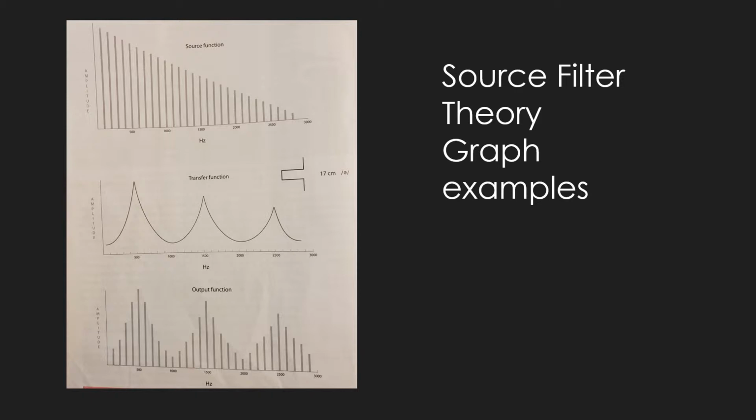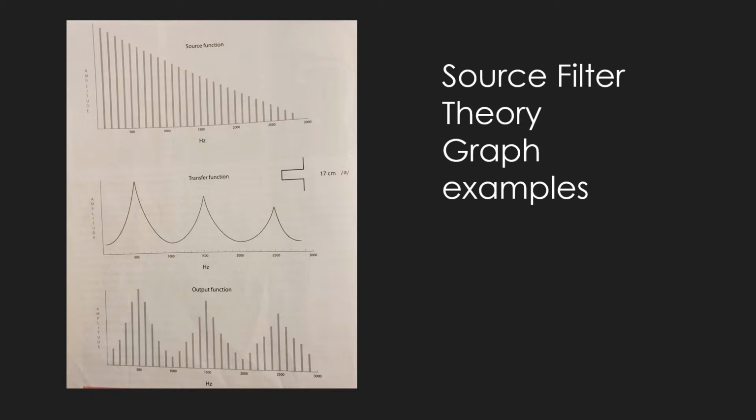This graph shows the fundamental frequency, and the second graph is the transfer function. You can see the spikes in amplitude that are the formants in the various air cavities in the vocal tract. And then the final graph is the output function, which is what we actually hear and perceive as speech.